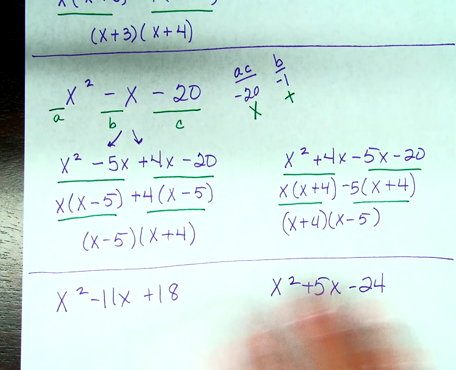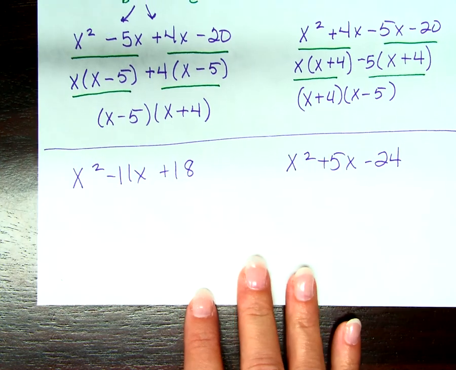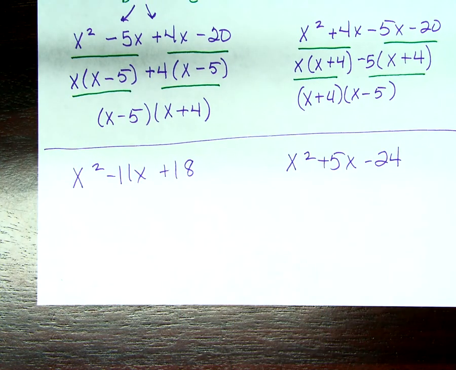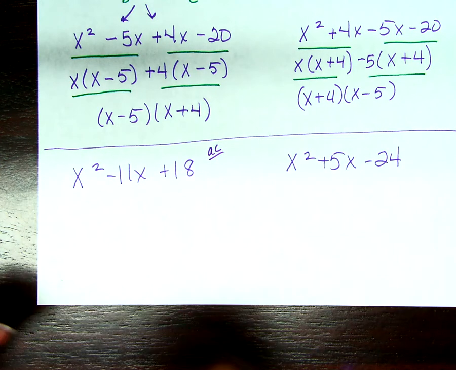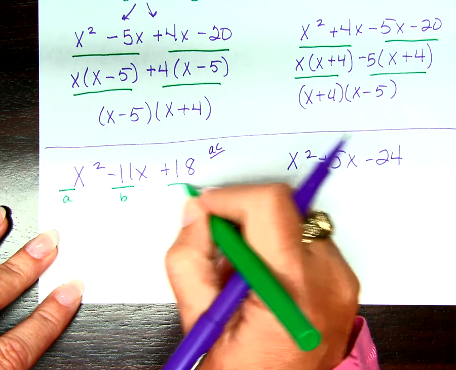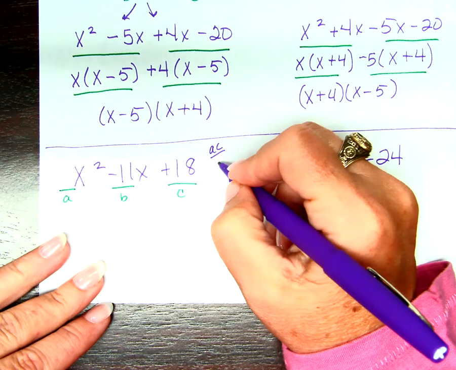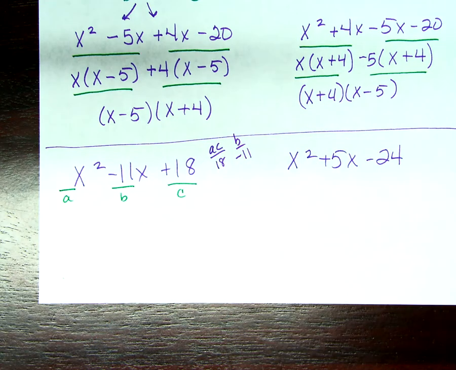Okay? So can we do these two real quick before I hand out your homework? So I have to say, what is AC for this problem? Well, A is here, B is here, and C is here, right? So AC is 18, and what is B? Negative 11. So what two numbers multiply to be 18 and add to be negative 11?